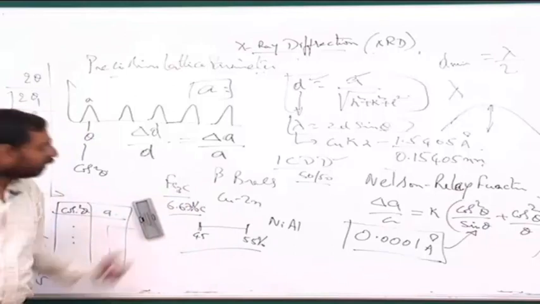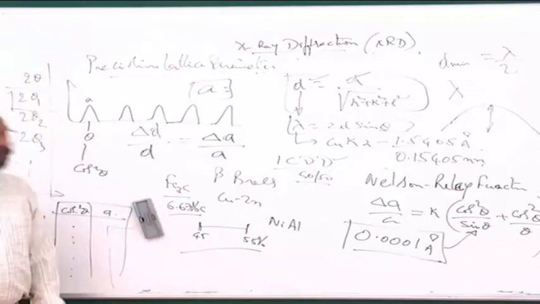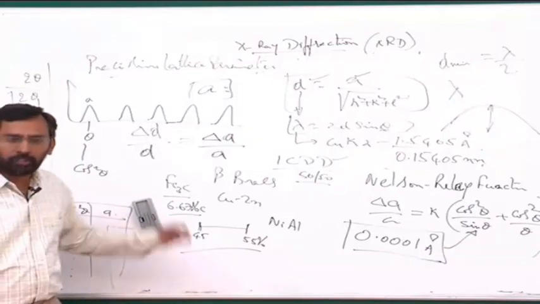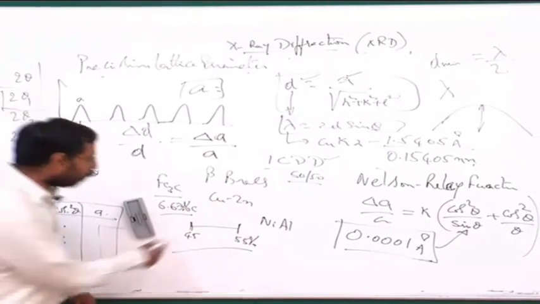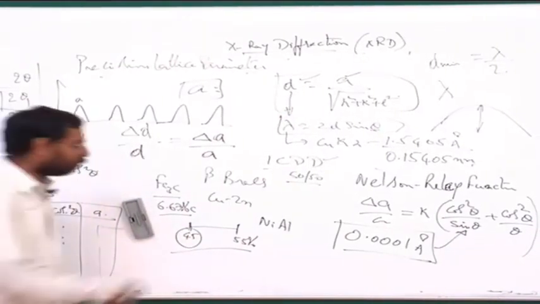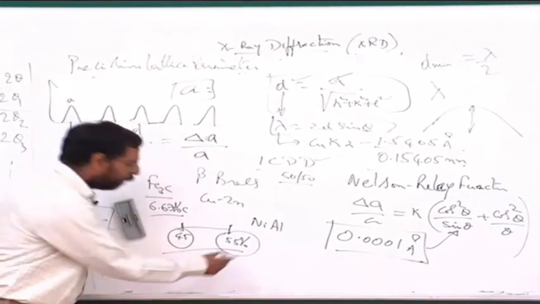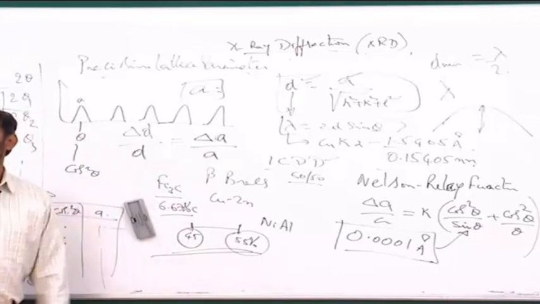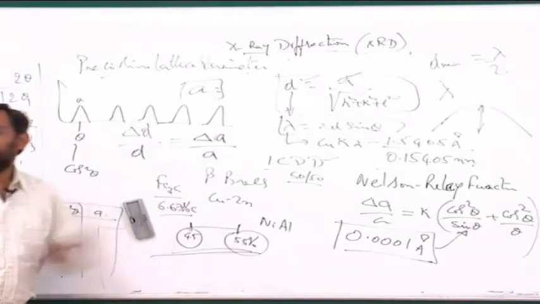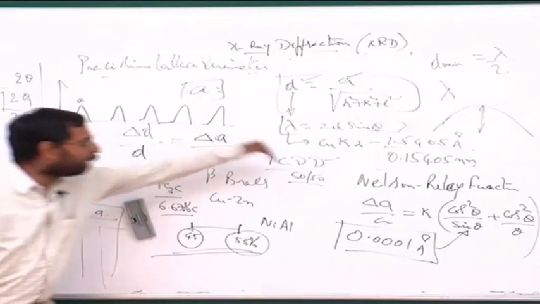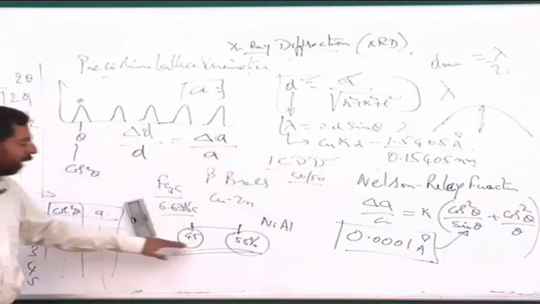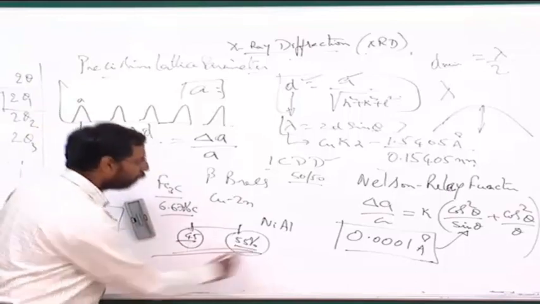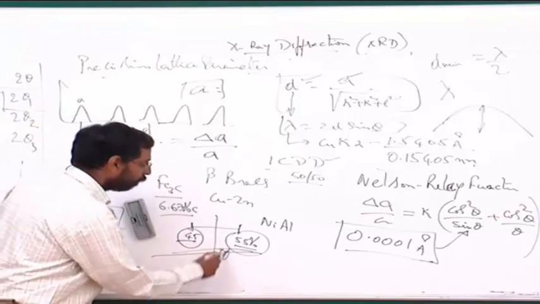So as a result, you get a slight difference in lattice parameter. That is where you have to make sure whether the lattice parameter that I am seeing corresponds to a different composition or not. So I have to ratify this by doing a composition analysis of my alloy and be able to compare and confirm that yes, what I am getting corresponds to this composition or this composition rather than a 50-50 composition.